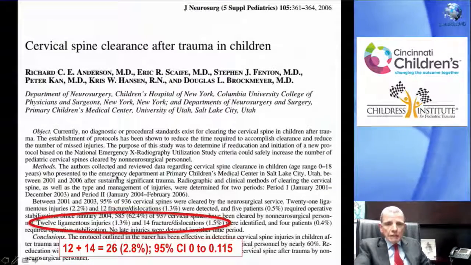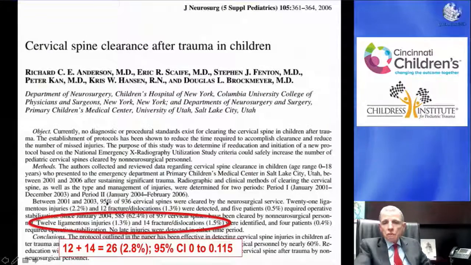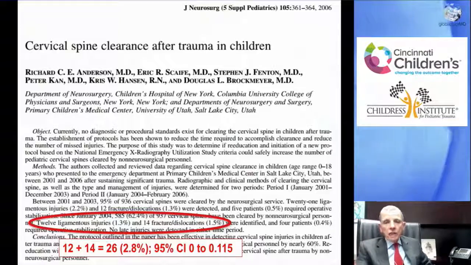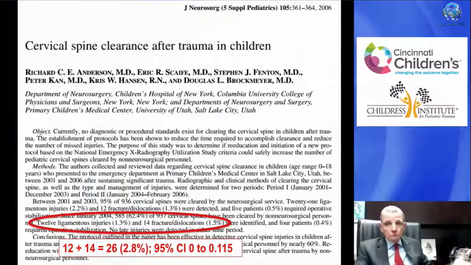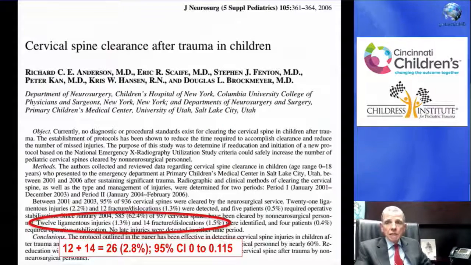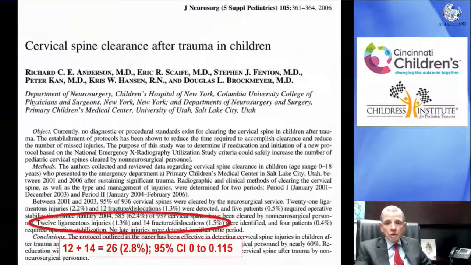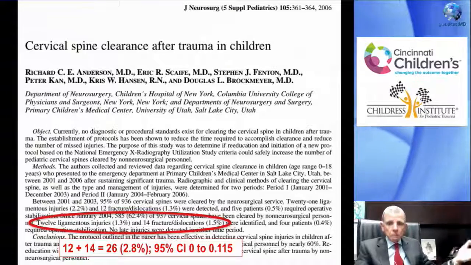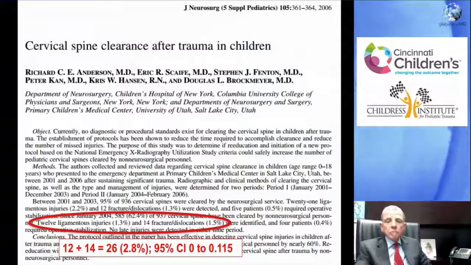Over several years, they evaluated 936 children for potential C-spine injury. They saw 26 injuries for a rate of 2.8%, which is pretty common when evaluating C-spines in trauma patients, a low injury rate. They reported they didn't miss any injuries.